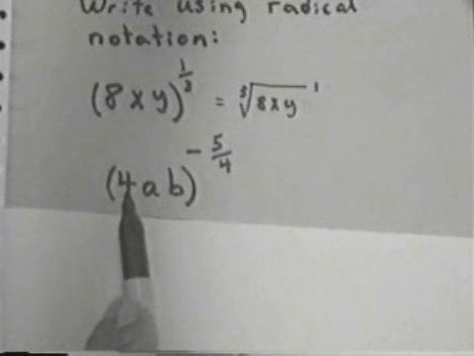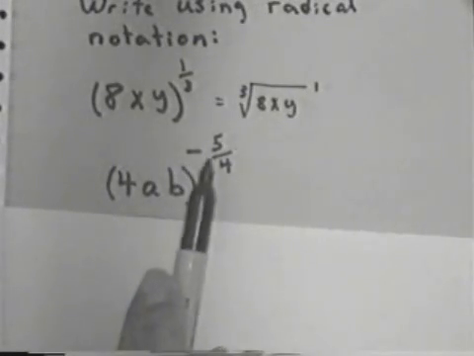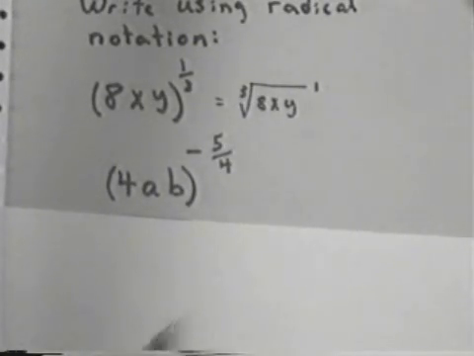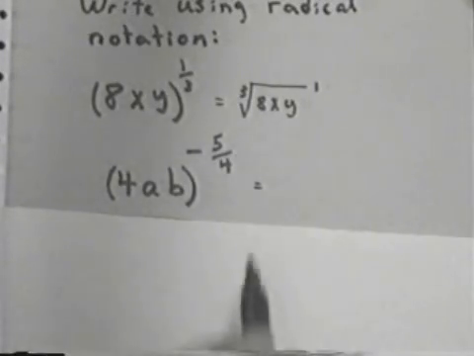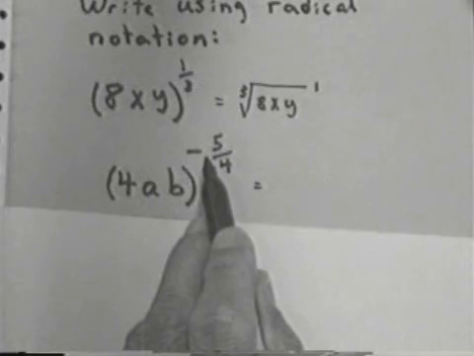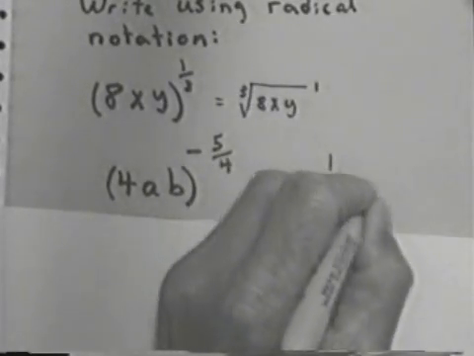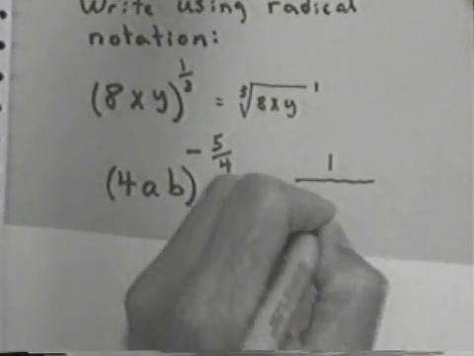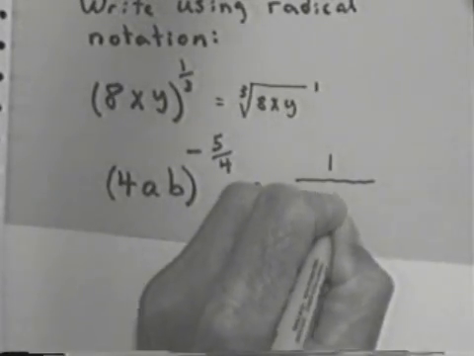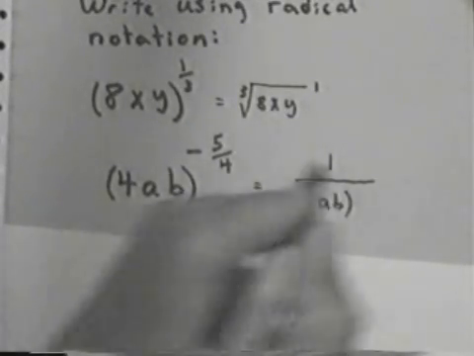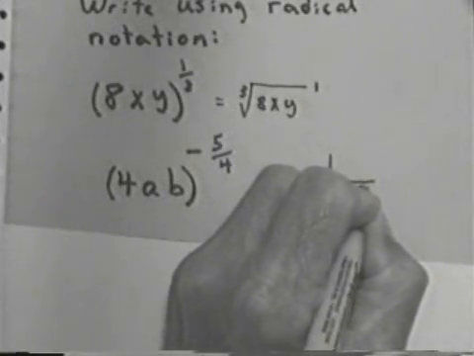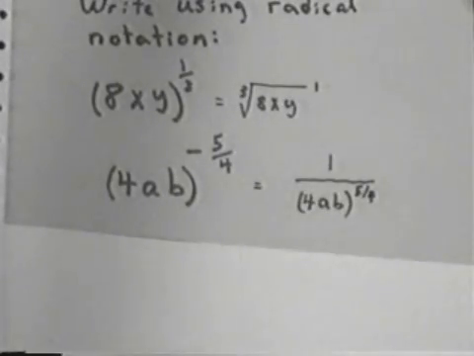I have 4ab to the negative 5/4. A negative exponent says to take the reciprocal. So it would be 1 over 4ab to the positive 5/4.